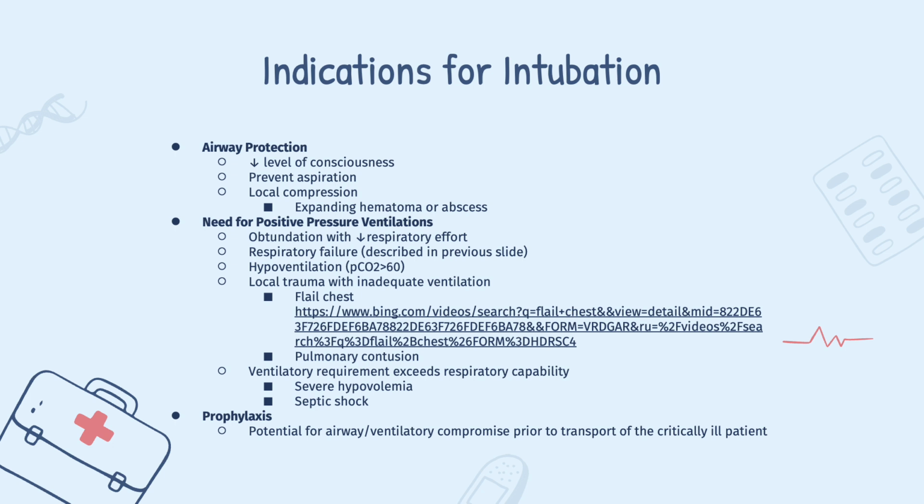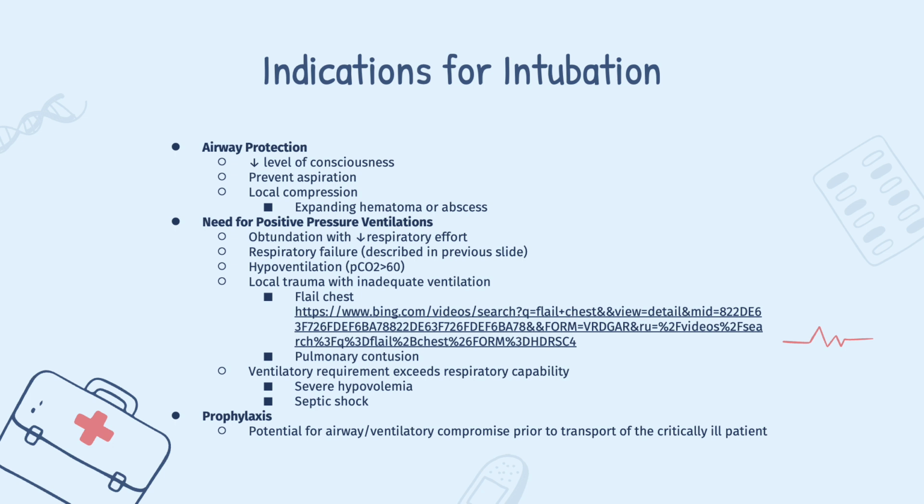Is the ventilatory requirement exceeding our respiratory capacity? So do I have a patient who is in severe hypovolemia? Do I have a patient who's in septic shock? And then prophylactically, do I have a patient who has a potential for airway or ventilation compromise?